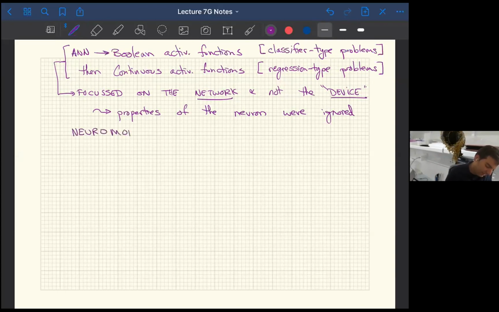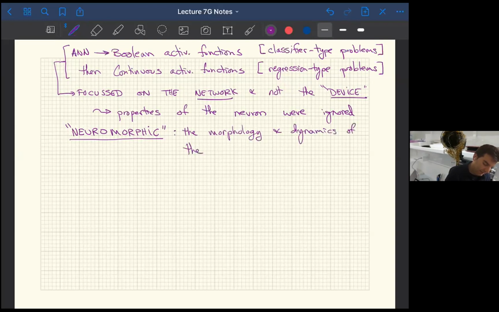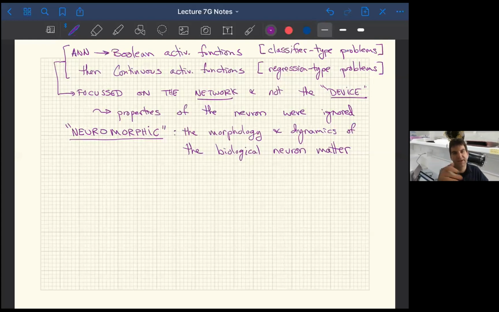This term neuromorphic embraces the idea that the morphology and dynamics of the biological neuron matter. So the network matters, but also exactly how the neuron works. And so this is very asynchronous. It's very much more analog.